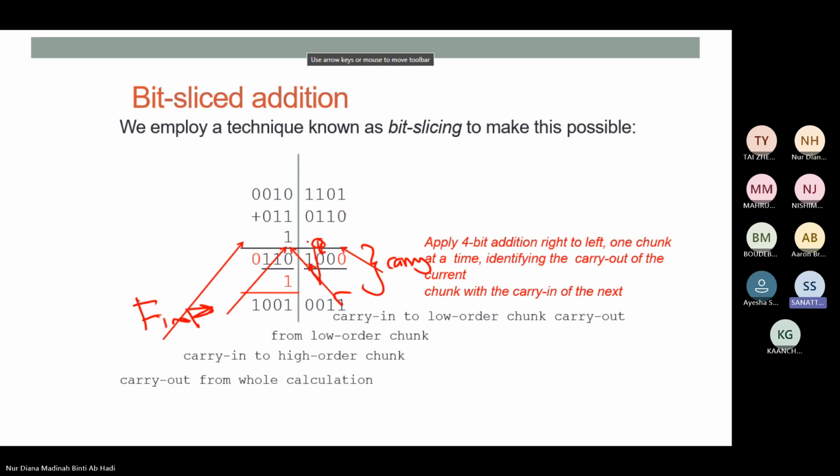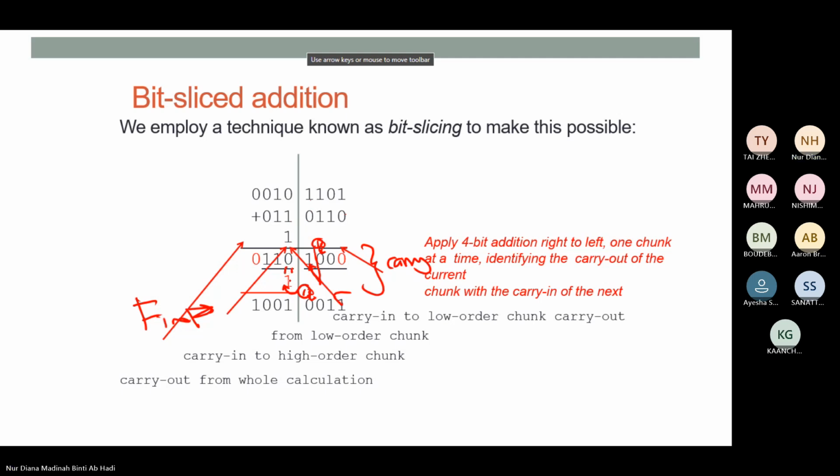Carry in, sorry. So, 1 plus 0 plus 1, you will get 10 also. Am I right? So you bring down your 0 here, and this one you bring to here. Can you see? So 0 plus 1 plus 1 plus 1, you're going to get what? 11 as the value.